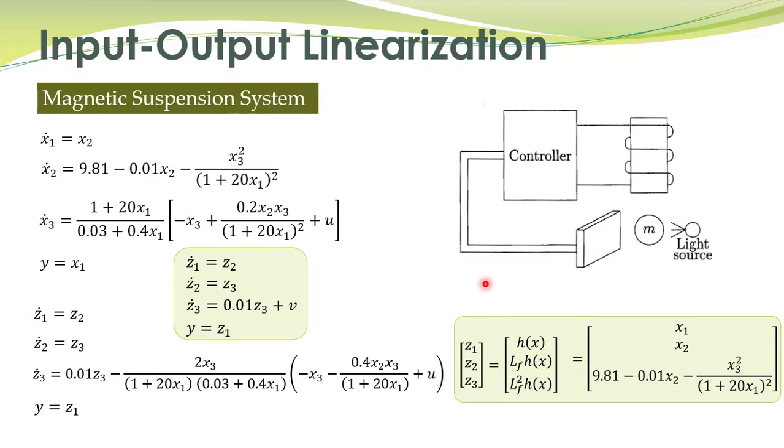The example that we studied in our previous lectures is that of a magnetic suspension system. We learned that we had this nonlinear system with the output equation y is equal to x1, and this system had relative degree equal to 3, and we had defined this particular state transformation.